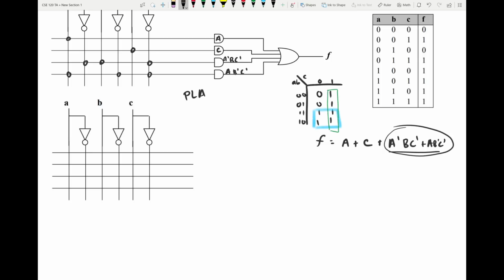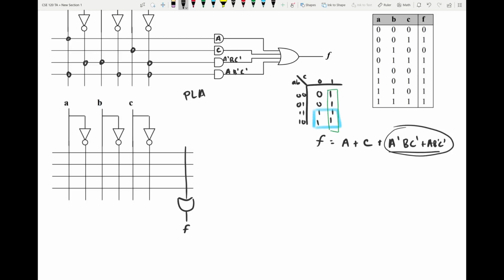In this case, we're going to have another programmable line that's going to be connected to another OR gate. See if I can draw an AND gate, or an OR gate, rather. Okay. And then that's going to be our F.